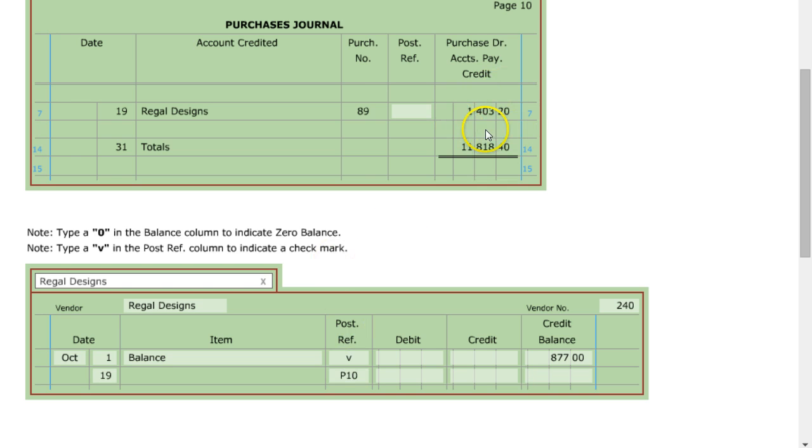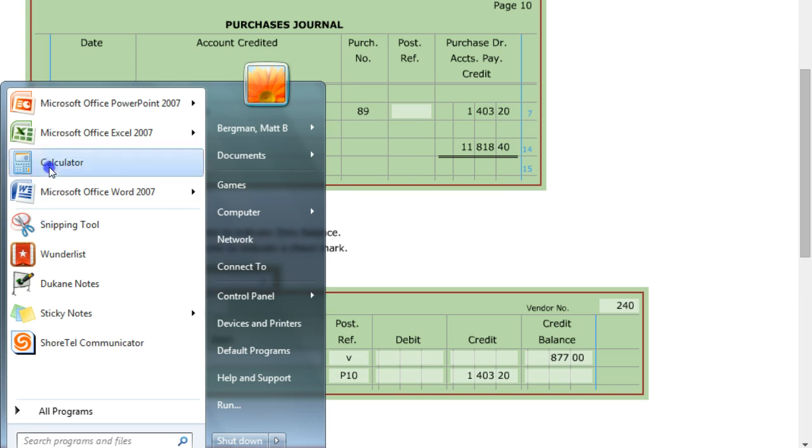And this $1,403.20 is going to go in the credit column because it is an accounts payable account that we're posting to. We're going to the accounts payable ledger, and we're crediting Regal Designs for $1,403.20. And we will add both of these numbers together.